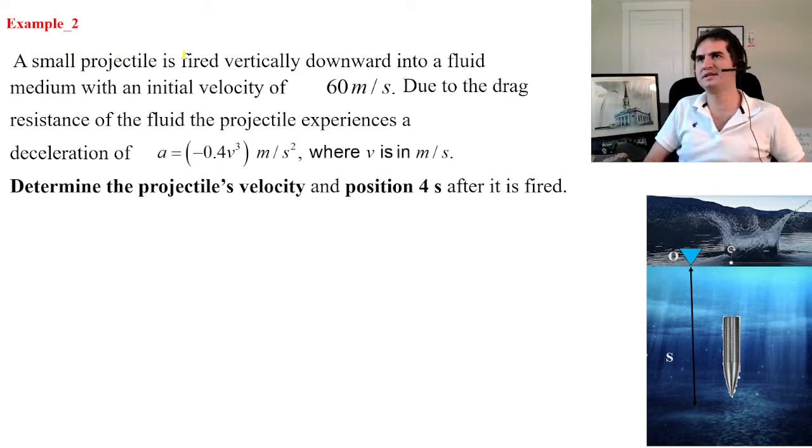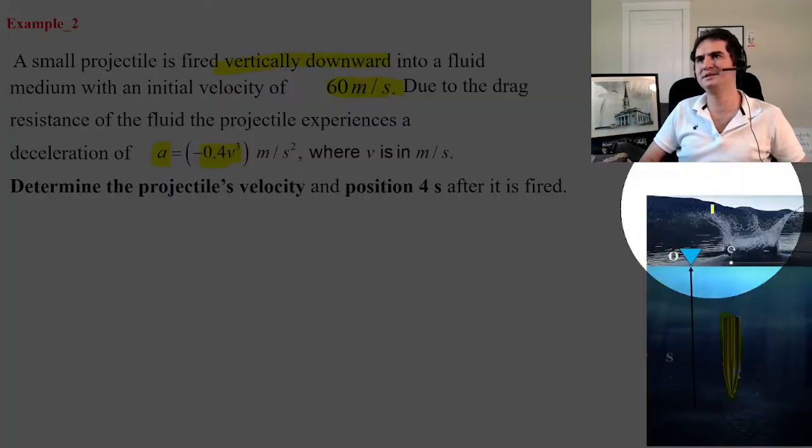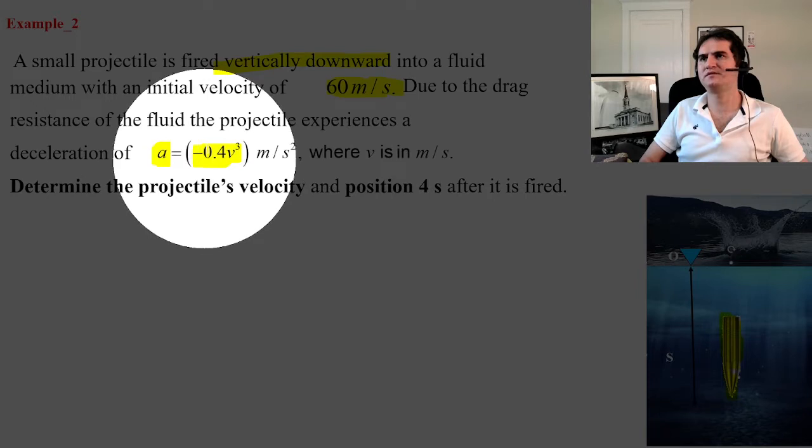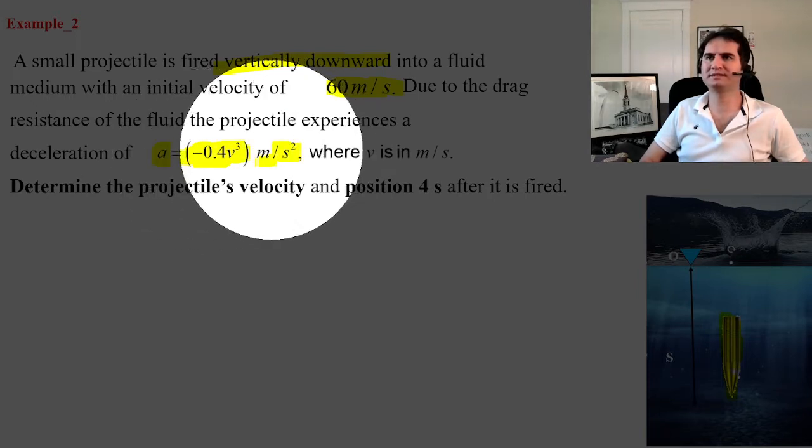A small projectile is fired vertically downward into a fluid medium with an initial velocity of 60 meters per second. Due to drag and resistance of the fluid, it experiences a deceleration; the acceleration is a function of velocity, as you can see here, in meters per second squared.